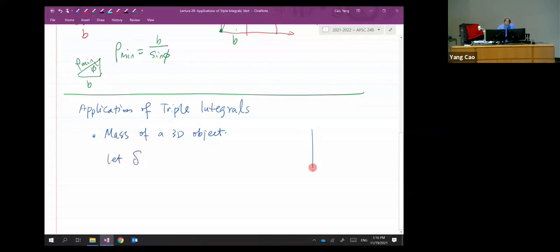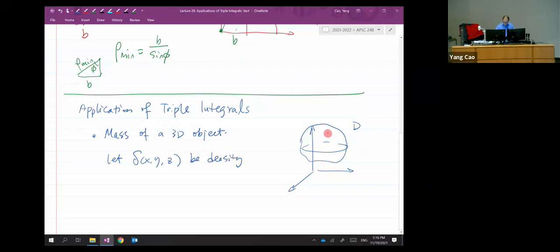So let's say I have an object represented by the region D. This is a 3D object, and we can let delta(x, y, z) be the density. Meaning if you pick a point from inside this object and plug it into this delta function, then you get a certain density associated with that point.